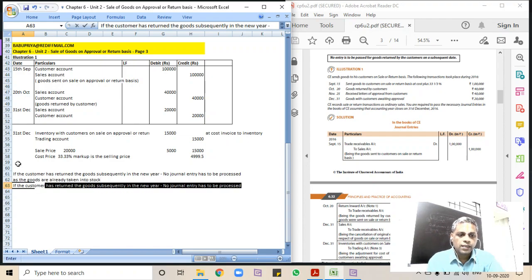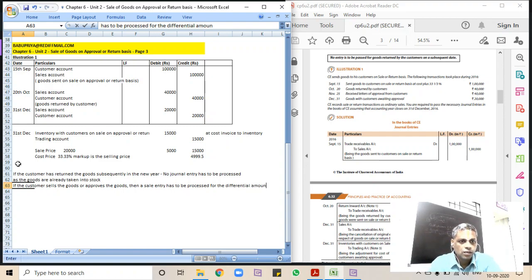If the customer sells the goods or approves the goods, then a sale entry has to be processed for the differential amount.